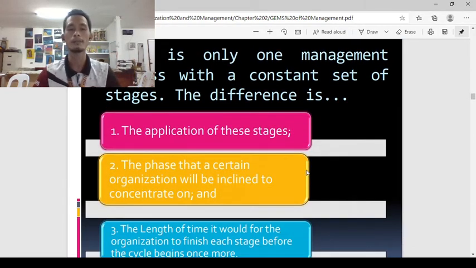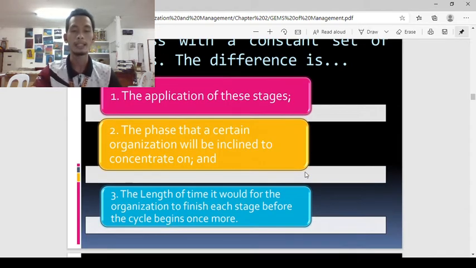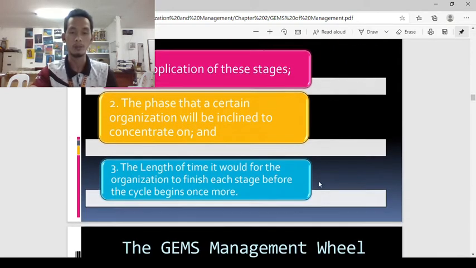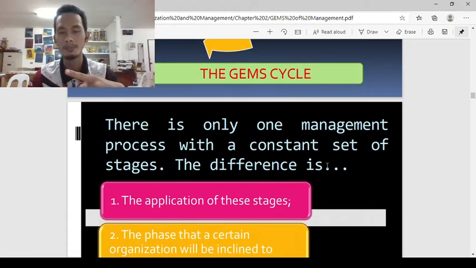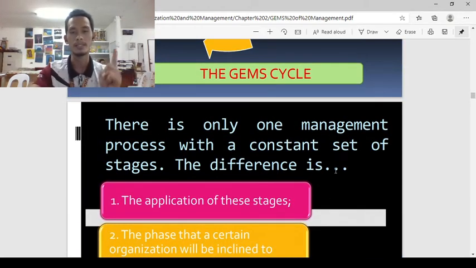There is only one management process with a constant set of stages. The difference is the application of these stages, the phase that a certain organization will be inclined to concentrate on, and the length of time it would take for the organization to finish each stage before the cycle begins once more. The GEMS management wheel. So there is only one management process, and that is the GEMS of management with a constant set of stages.